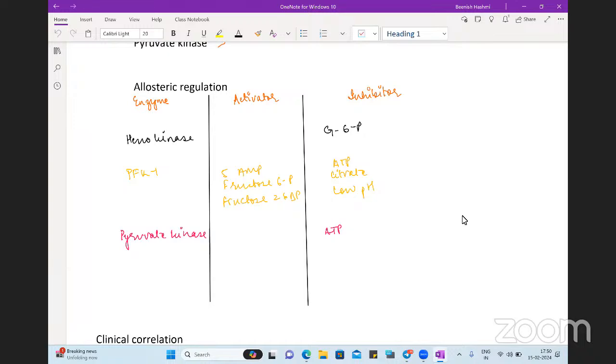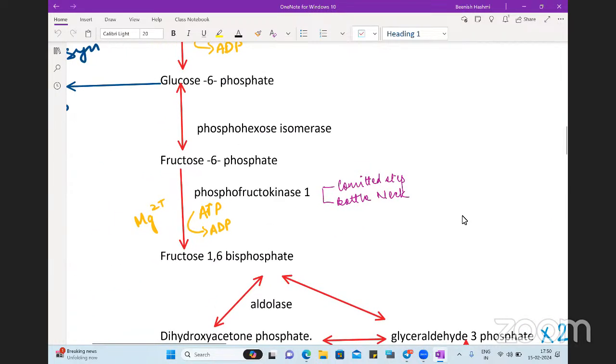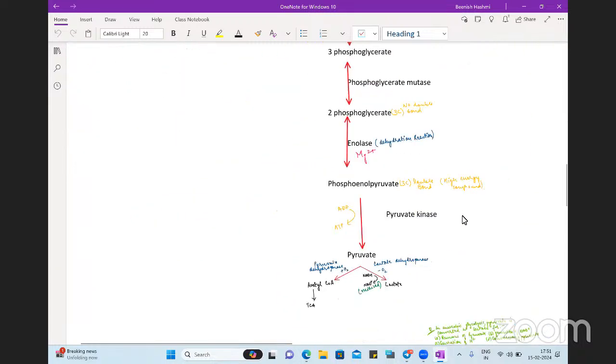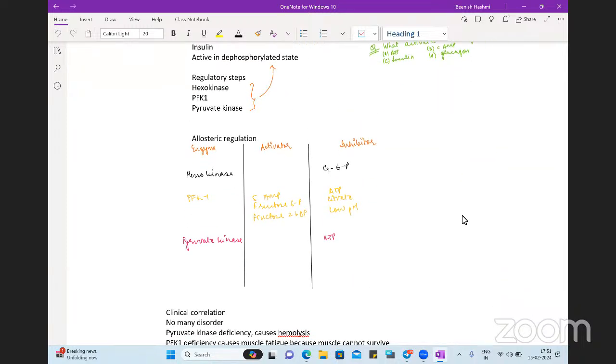As we have seen earlier, phosphofructokinase 1 causes phosphorylation at position 1, so it forms fructose 1,6-bisphosphate. But phosphofructokinase 2 phosphorylates at position 2, so it forms fructose 2,6-bisphosphate. And this fructose 2,6-bisphosphate is a very potent activator of phosphofructokinase 1. Now, pyruvate kinase is inhibited by ATP.